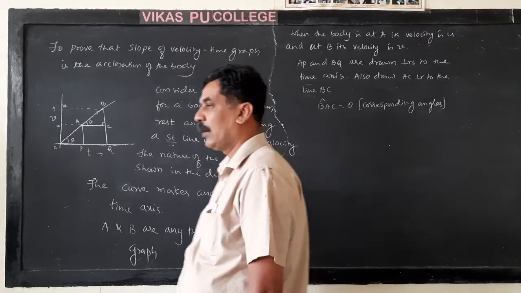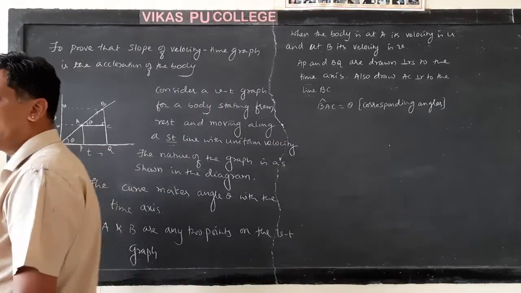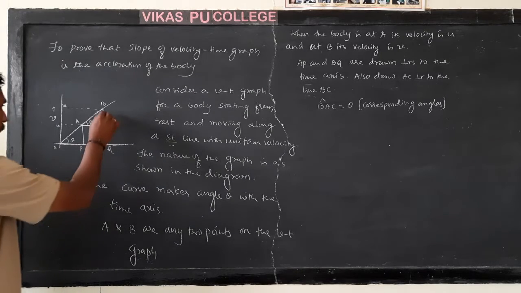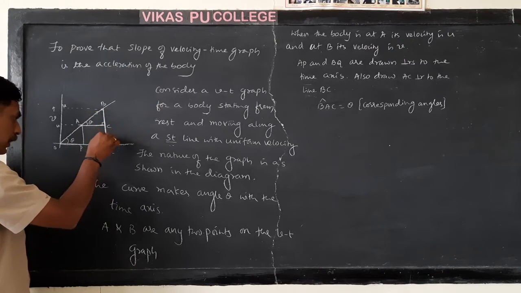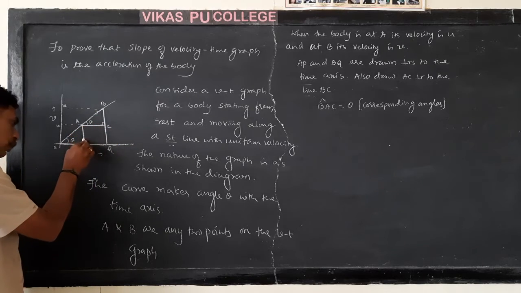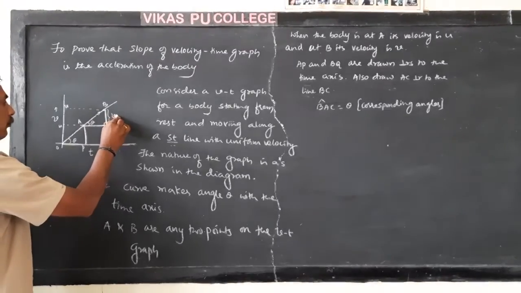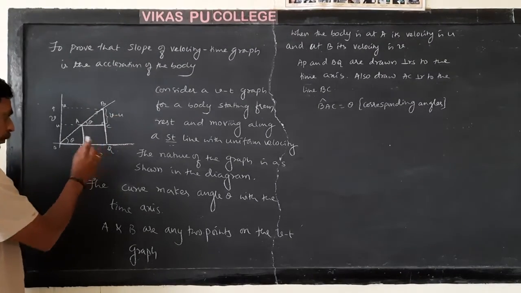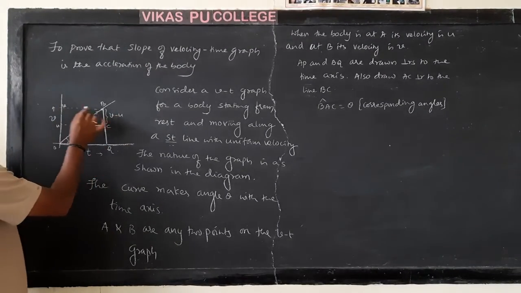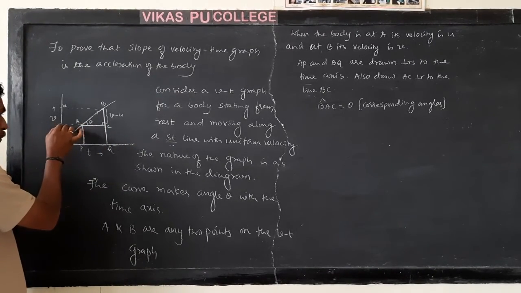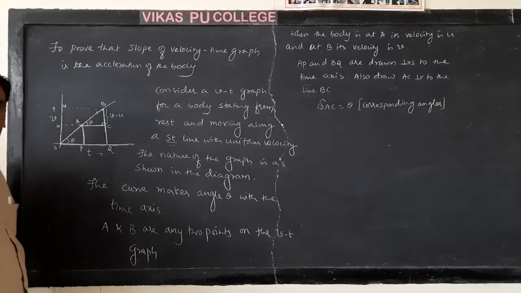Now we see here, what is the length of BC? Length of BC is V minus U. BQ is V, because you have V here. AP is U, because you have U here.